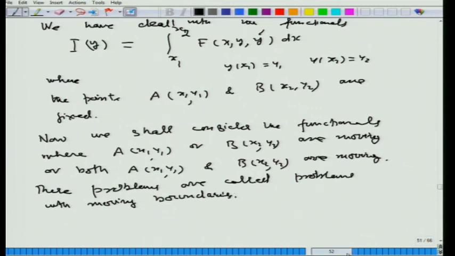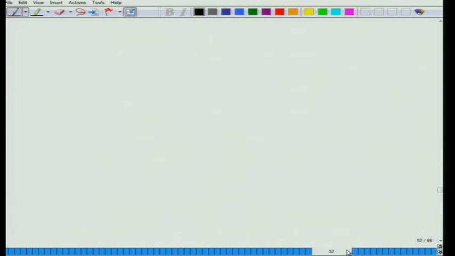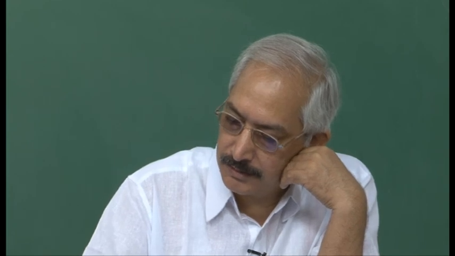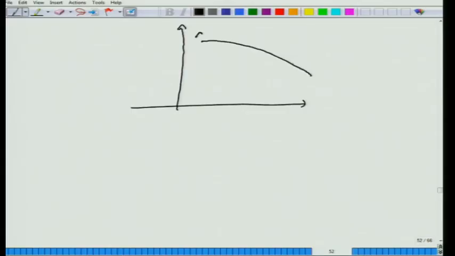Now, the situation is like this: you have this point A and B, and let us say this is the curve joining them.